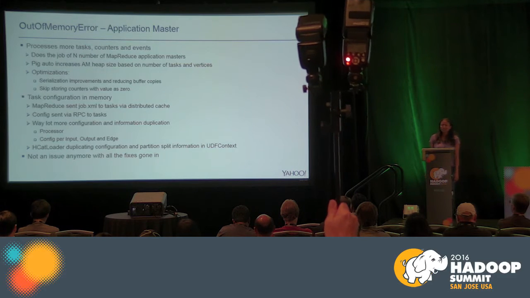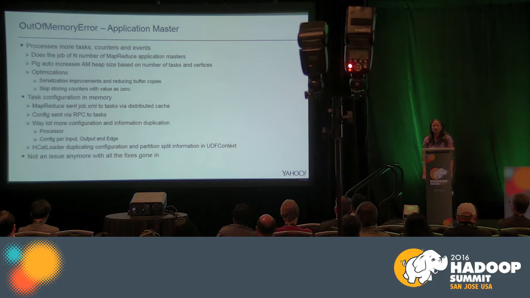We always had a default 1 gig AM size in MapReduce, and most jobs used to run fine with that. Tez needed more memory, so we couldn't tell the users to go change it just for the AM. What we did in Pig was calculate the number of tasks and increase the memory. For every 5K tasks, we would add 512 MB. So Pig code automatically incremented it so that you don't have out of memory errors.